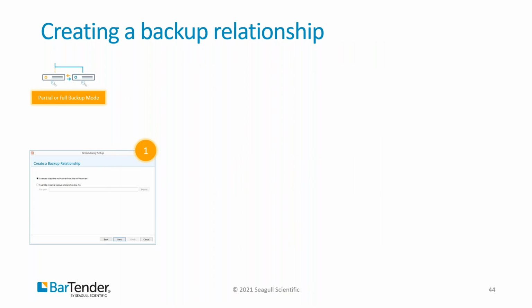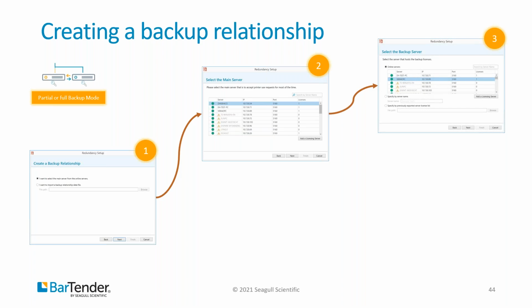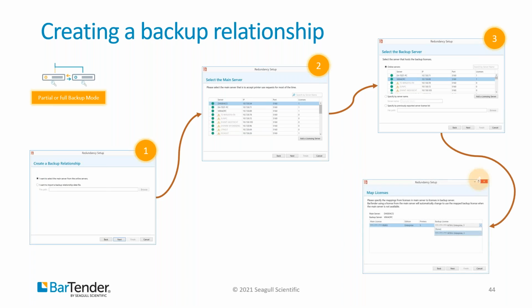Here we have screenshots of the wizard where you create the backup relationship. You select your main, your primary license server, and then you select your backup license server, selecting a license for each. So you map a license on your primary server and you map across the backup license server that you want to fail over to.